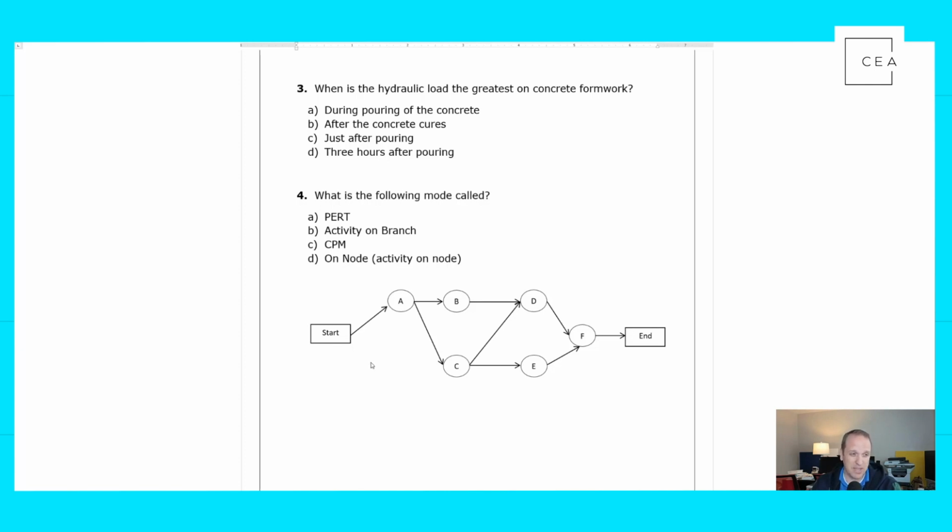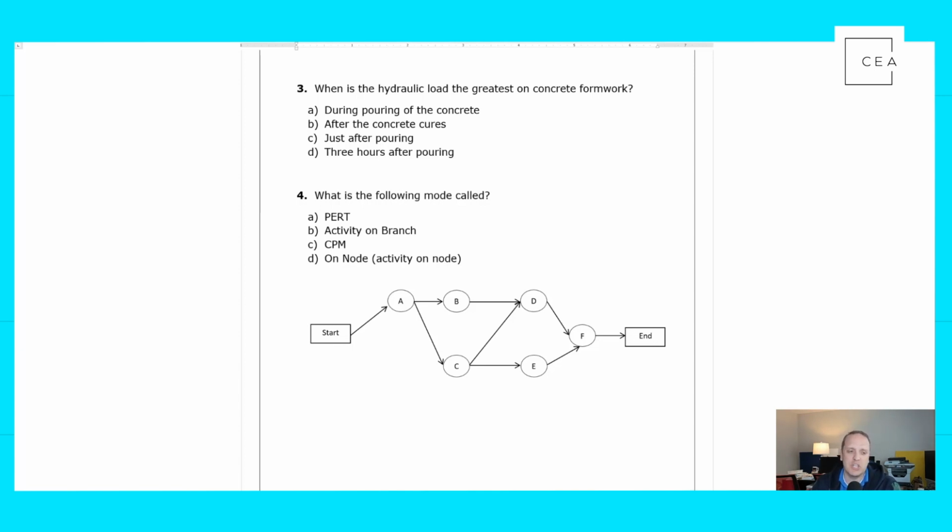Is it a CPM model? Or is it an activity on node type of model? So this is a great question for a construction type of theory question. So you have to really understand how these diagrams are drawn out. Because in this case, nodes are used to represent activities.